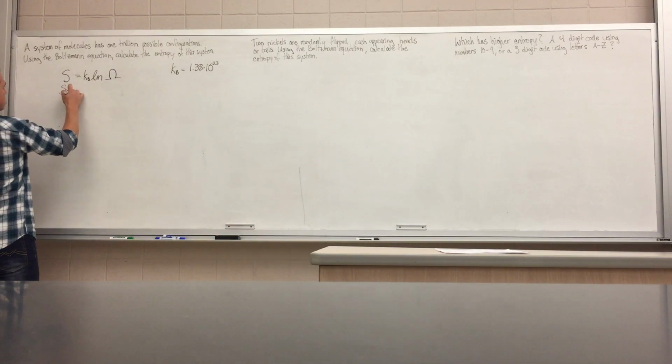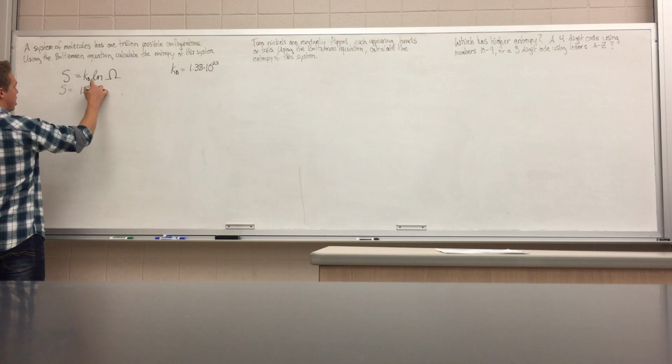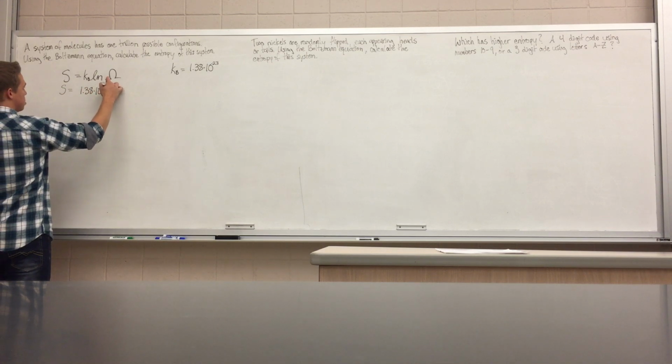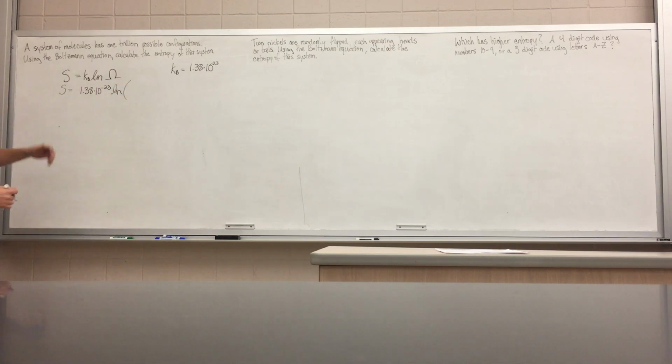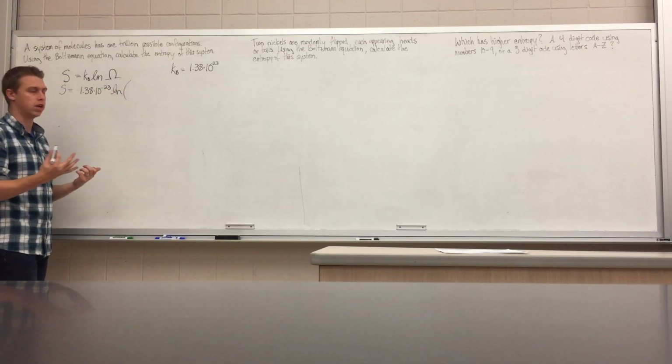Plugging in numbers, we have 1.38 times 10 to the minus 23 ln of 1 trillion. So 1 trillion is actually an impossibly tiny number of configurations for any real-world system. They're usually absolutely massive, the numbers of configurations.